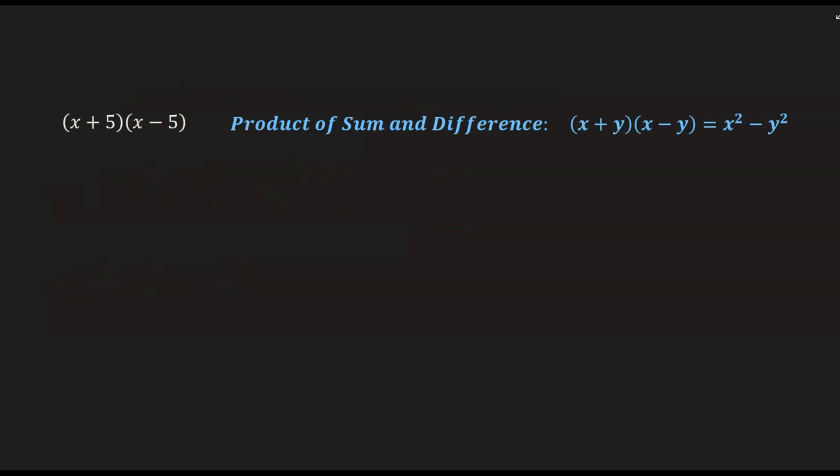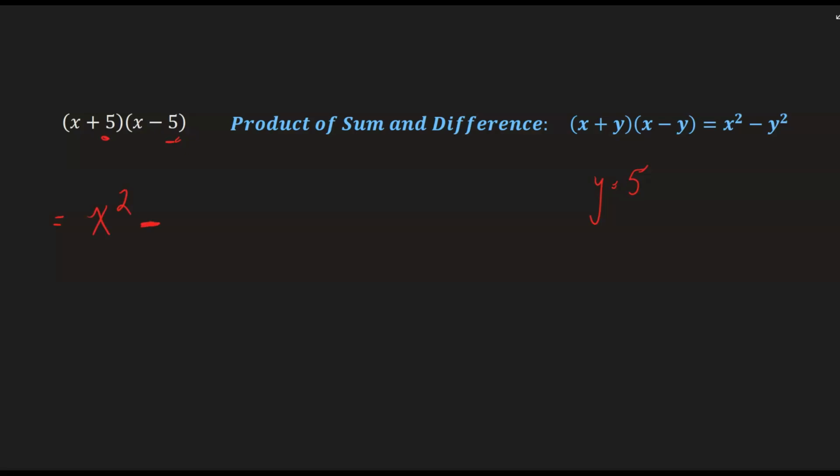This is actually the product of a sum and a difference of the same value. Notice in the pattern it's (x + y) times (x - y). So it has to be the same value in this case. My y is equal to 5. So following the pattern, the first term is x squared.